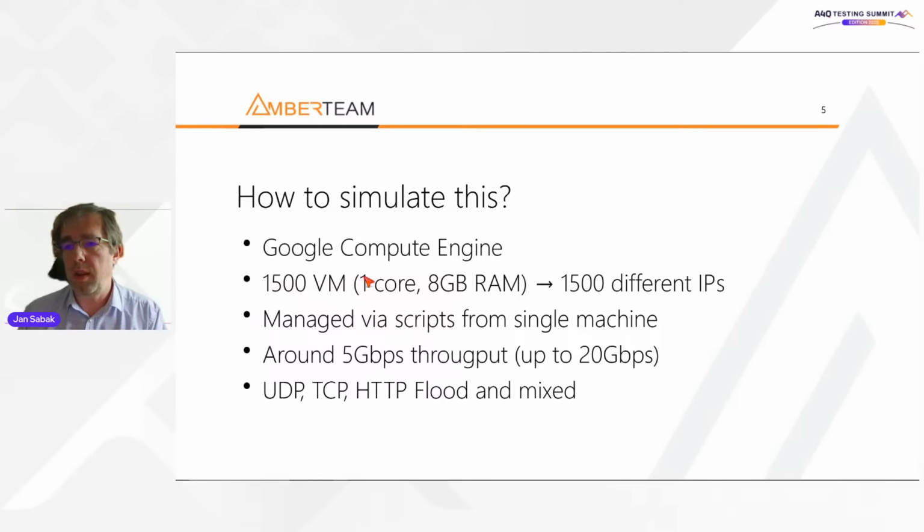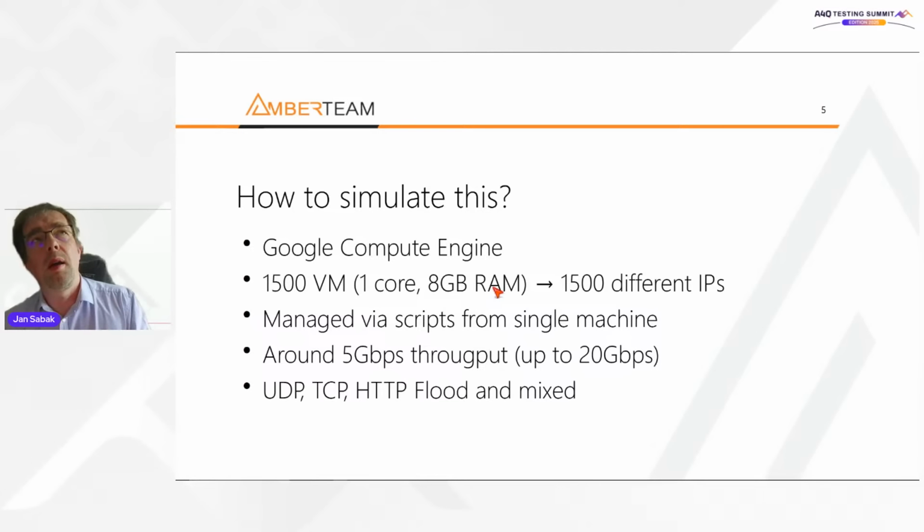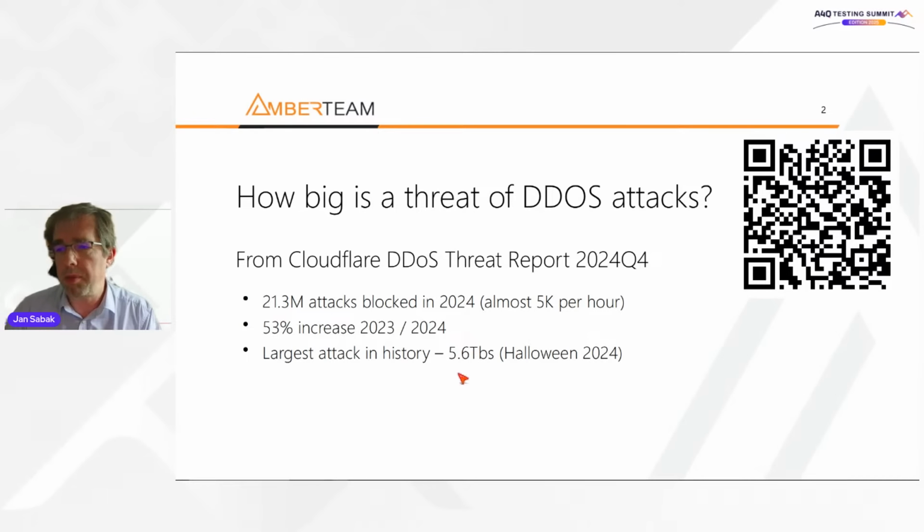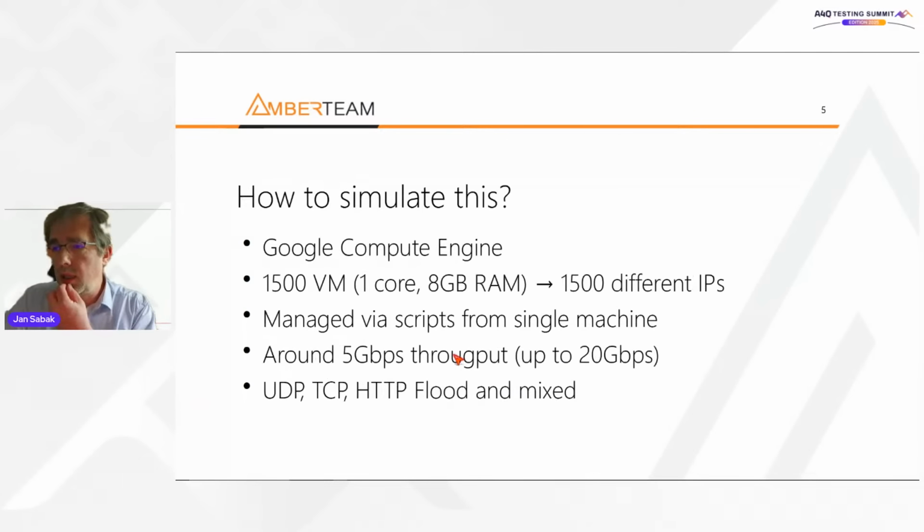They have one core and 8 gigabytes of RAM, but we needed 1,500 different IPs because anti-DDoS infrastructure measures throughput from a single IP, and if you try to simulate a DDoS attack from one IP, you would need many megabits per second from a single source, and it can be easily seen and easily blocked.